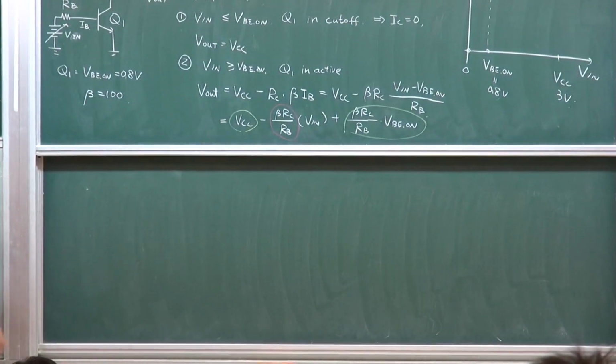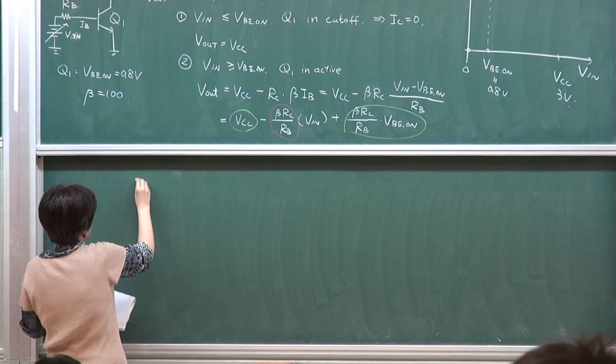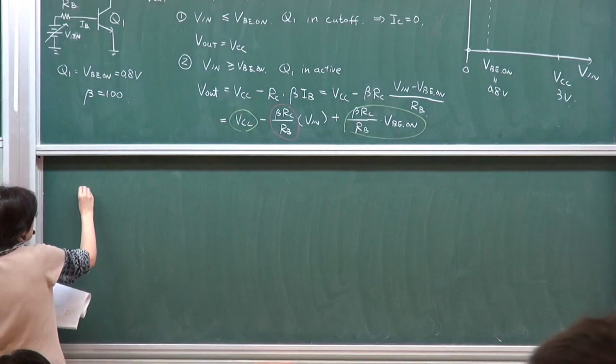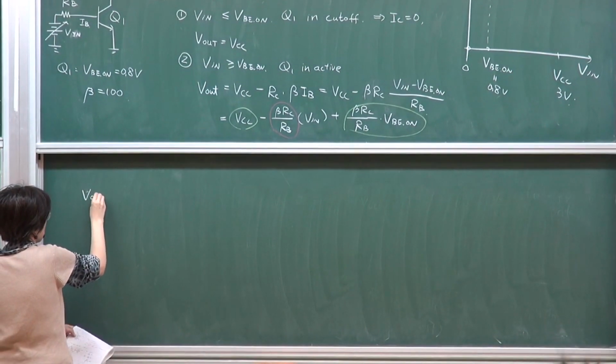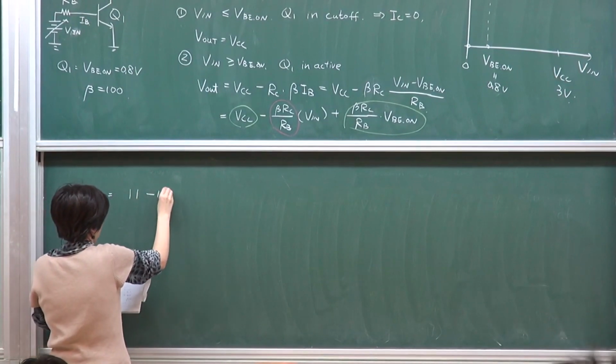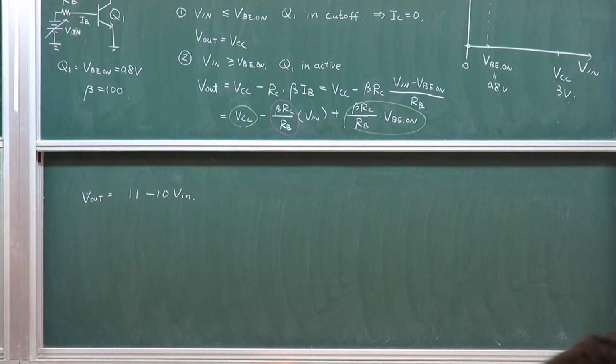Once I insert all the numbers, I actually get VL. Let me write down the equation. Based on the parameters given, the VL equation will simply be 11 minus 10 Vin. I'm just inserting whatever numbers are given for beta, alpha, resistor levels.